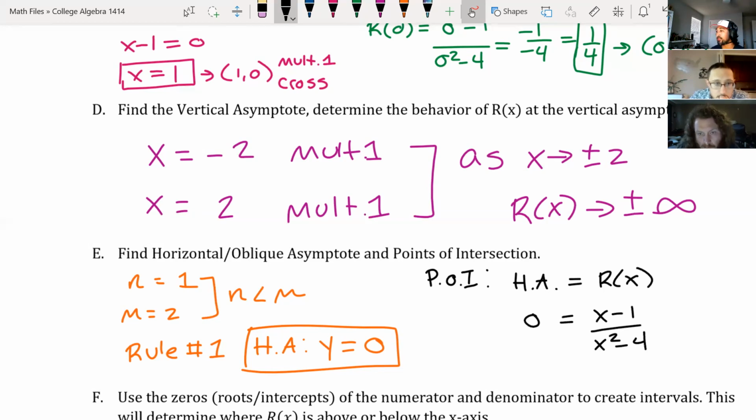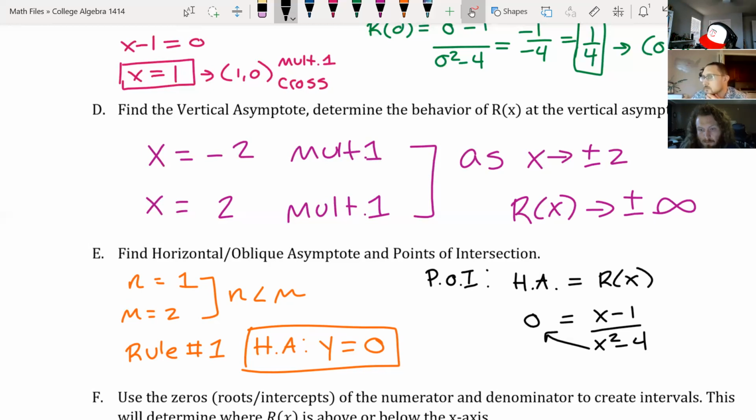And now all we have to do here is solve for x, which means I need to get rid of this denominator. So I'm going to take this denominator and multiply it to the left side. Well, what's 0 times x squared minus 4 going to be? Zero times anything is 0.